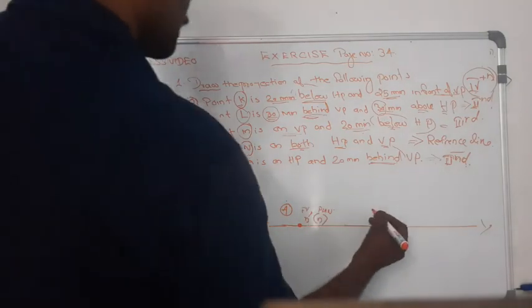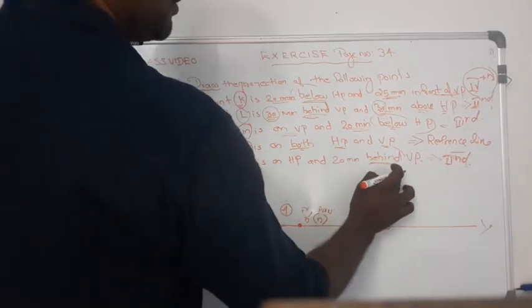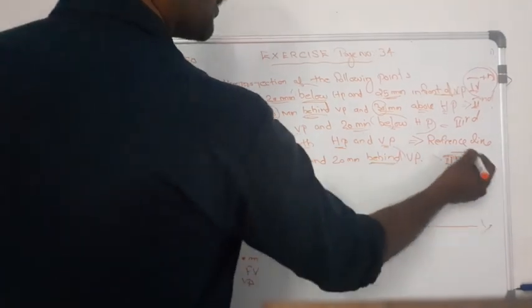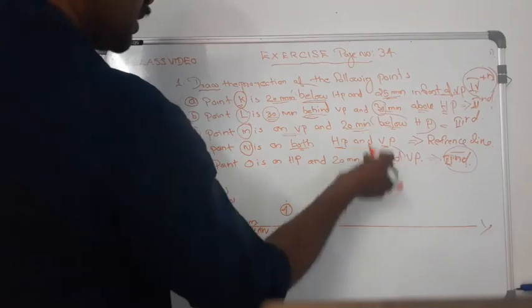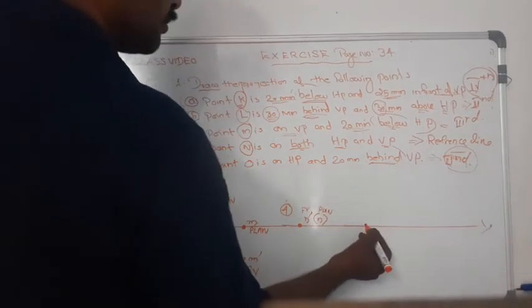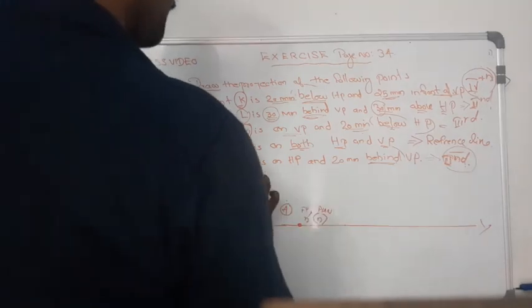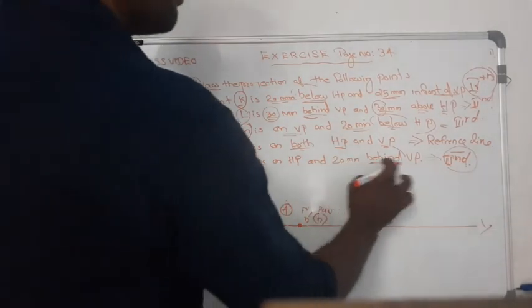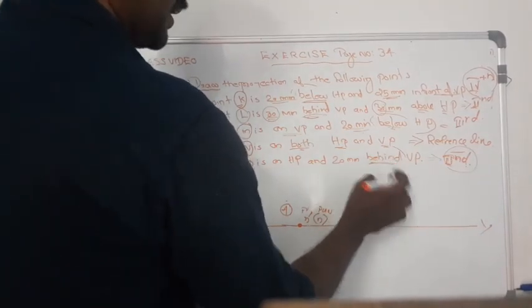Last question. Finally, O is on HP and 20 mm behind VP. That is in the second quadrant. We know that in the second quadrant both the front view and plan are above the XY line. Keeping 30 mm apart, put a point here. The point is 20 mm behind, so from that we can understand this is our plan.